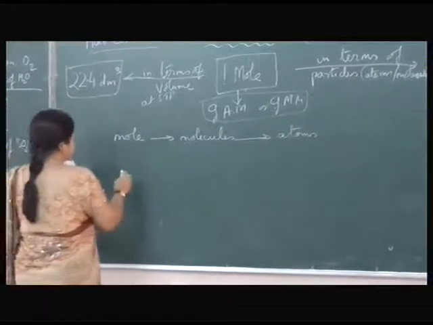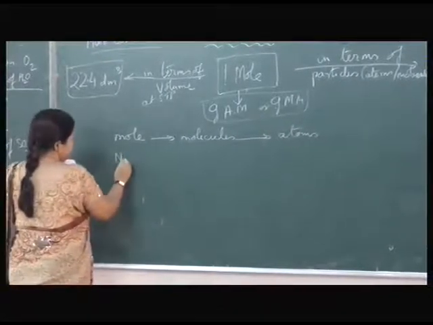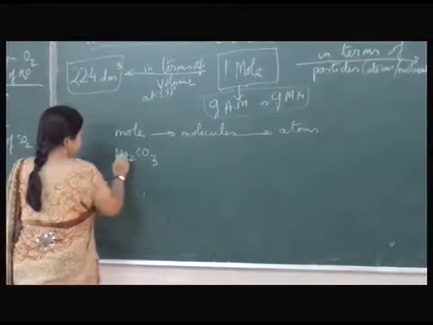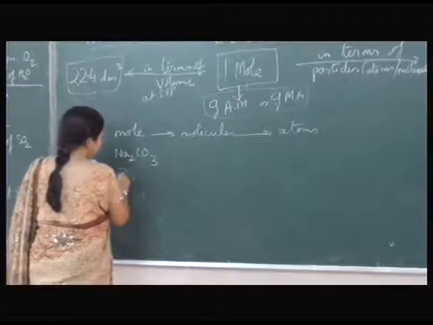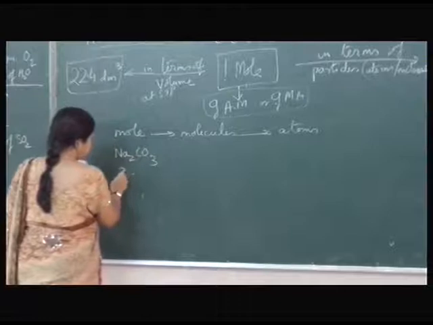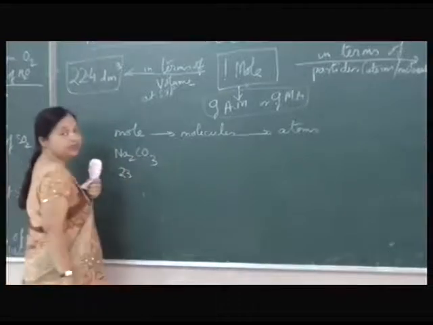Now first let us find out the gram molecular mass of Na2CO3. Sodium is 2 into 23, the atomic masses will be given to you.